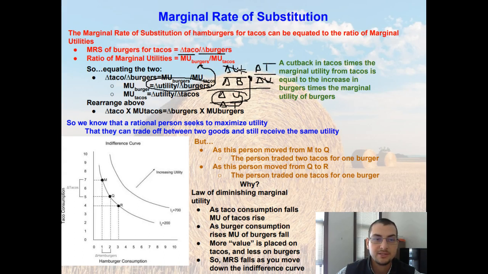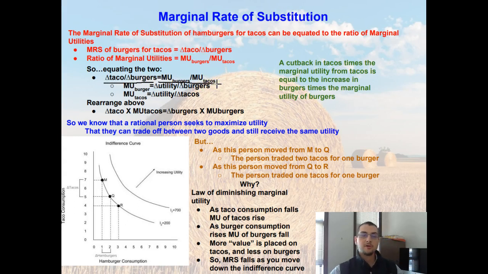So all of this down here was to justify that, yes, the change in tacos divided by change in burgers does equal the marginal utility of burgers divided by the marginal utility of tacos. All this was just to justify this equation.